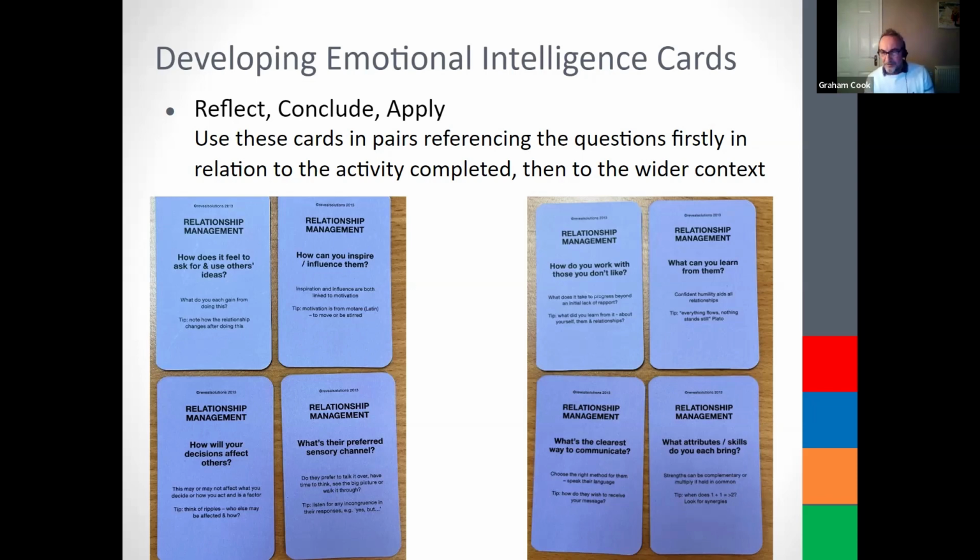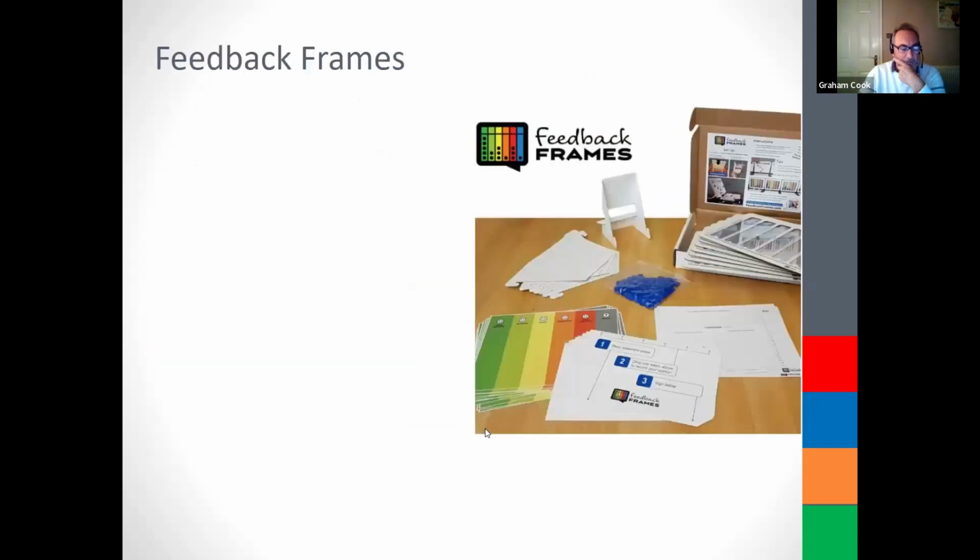I don't know if those are meant to go together or not, but I would probably put them together as a follow-up. What can you learn from people you don't like? Maybe that's another topic. So rather than looking at emotional intelligence activity itself, look at reviewing it against emotional intelligence, is probably how I would suggest, and do suggest to most people when they ask us about that type of thing.